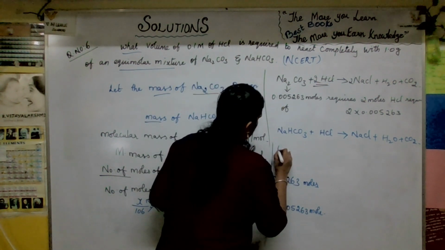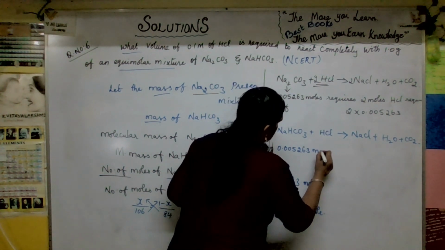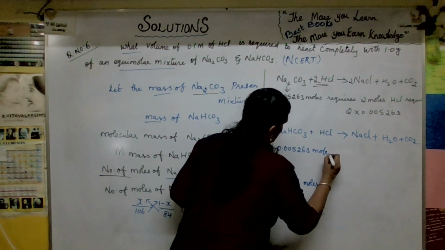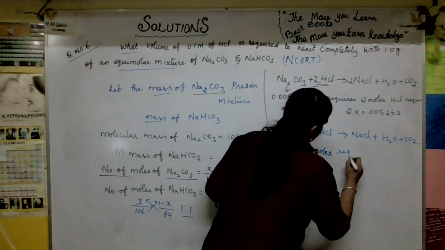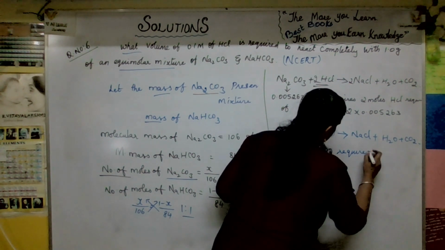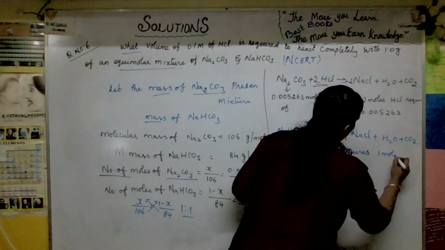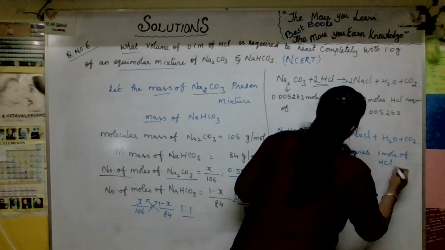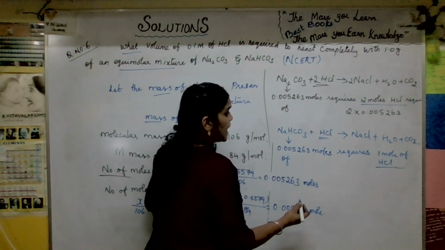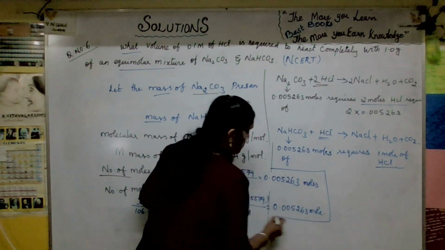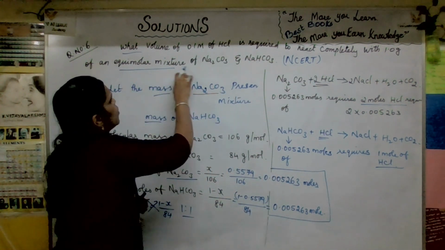So the same idea, 0.005263 moles of sodium bicarbonate requires how many moles of HCl? 1 mole of HCl. Here 2 moles of HCl, here 1 mole of HCl. So altogether it is actually 3 moles of HCl required. That is actually what it is, equimolar mixture.